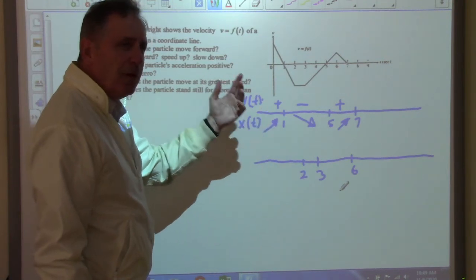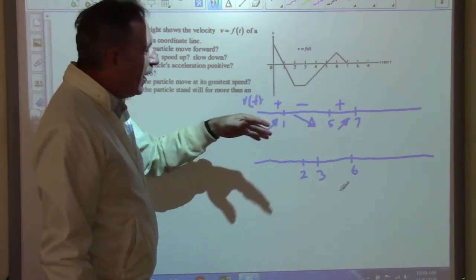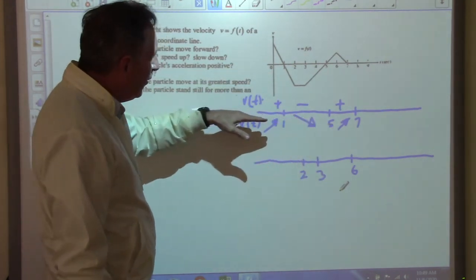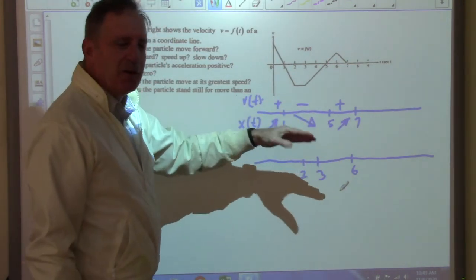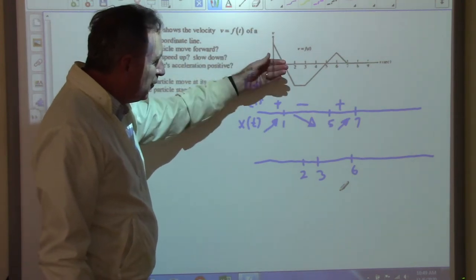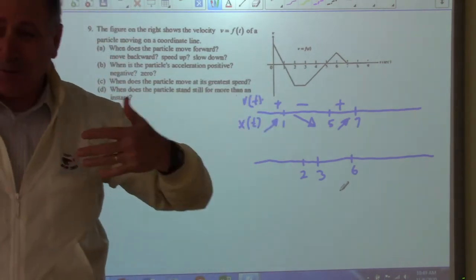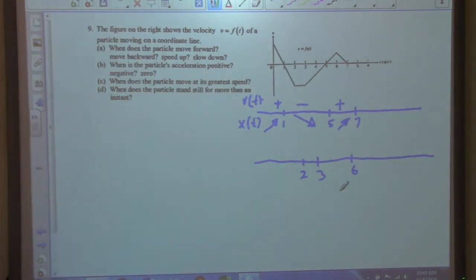Because this is not especially intuitive, if you stick to the number lines and use them as your friends, you're going to be able to get through these inconsistencies, incongruities and illogical-appearing things, because that's what they look like. So you have to use your tools of analysis, and to me this is a great tool. And I'm going to introduce another tool today as well. Let's start answering the questions.